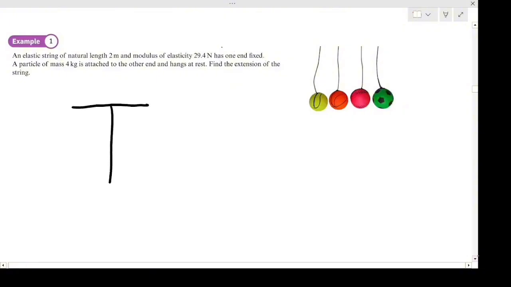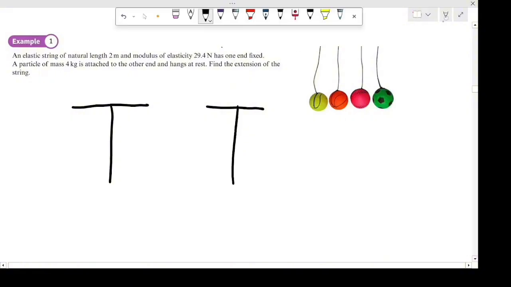What's going on here is we've got a particle attached to the other end. So if I draw the scenario, the string with this particle added on at the end, it's going to look like this.